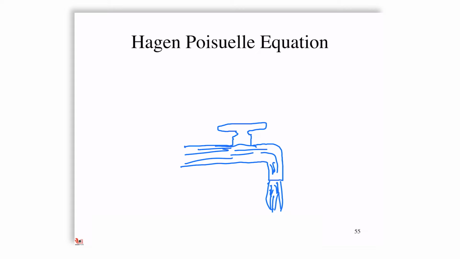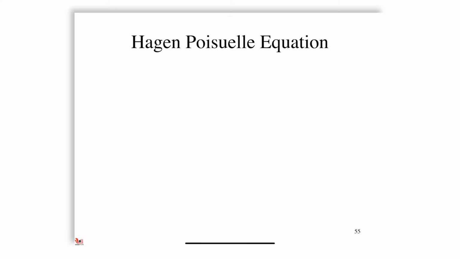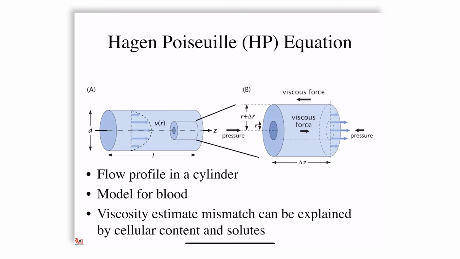What we usually think of in terms of flow is this picture where the velocity of flow is not uniform in the pipe.